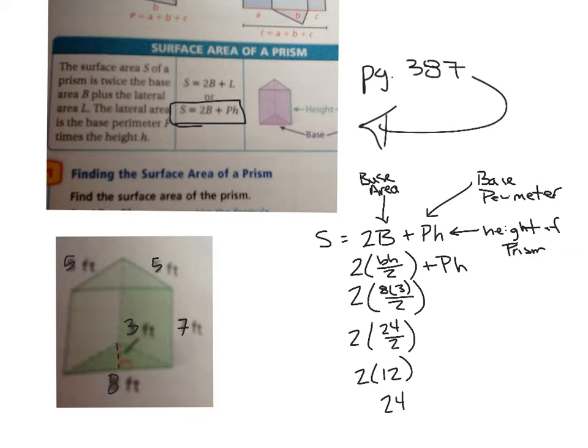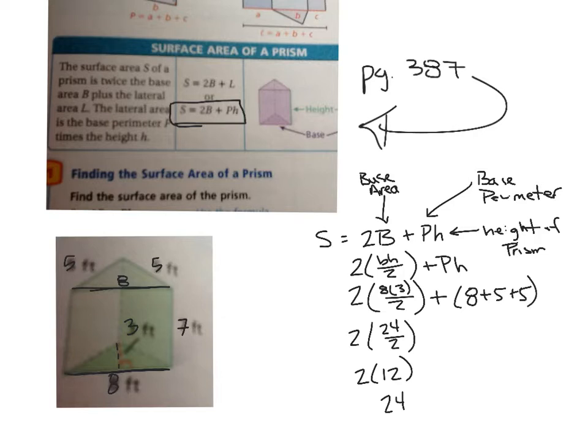Then we have the perimeter. Remember, the perimeter is just adding the 3 sides. So if this down here is 8 feet, this here is also going to be 8 feet. So to find the perimeter, we're going to add 8 plus 5 plus 5. And then remember, the height of the prism is the distance between the two bases.